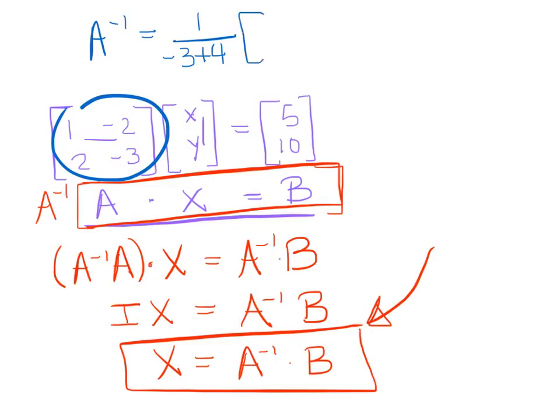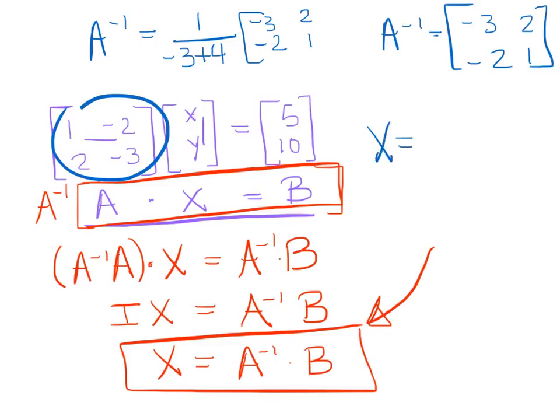I'm going to switch positions: the negative 3 and the 1 on that diagonal switch positions. The other diagonal simply adds a negative sign, so that becomes 2, and that becomes negative 2. So what do we have? In the front, that scalar is just 1 over 1, or just a 1, so I can drop it. So I know A inverse is negative 3, 2, negative 2, 1. There's A inverse, so I'm going to solve for x.